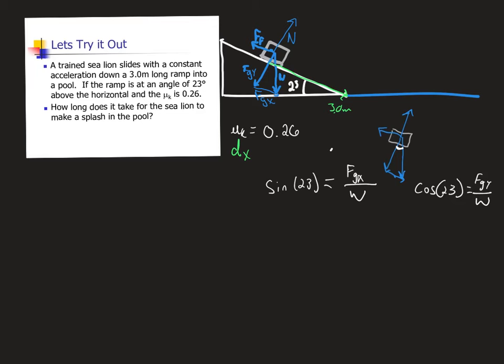We're also going to know that there's frictional force, and that the frictional force is going to be equal to mu sub k times the normal force, which we also know is going to be equal to the opposite of the force of gravity in the y direction.